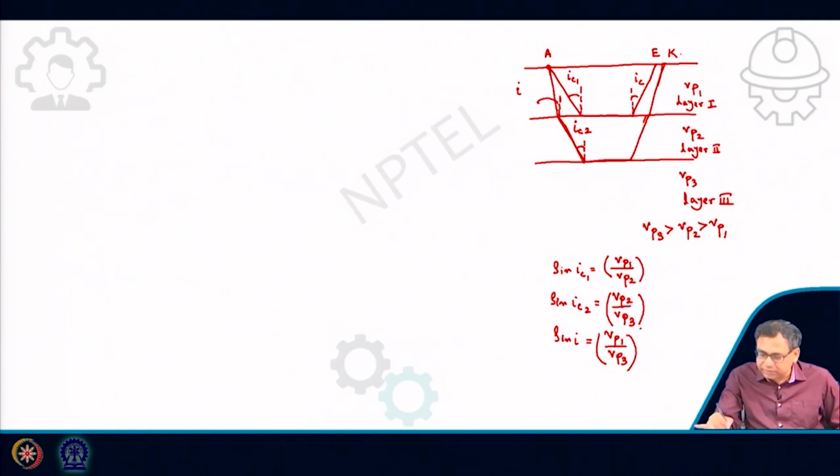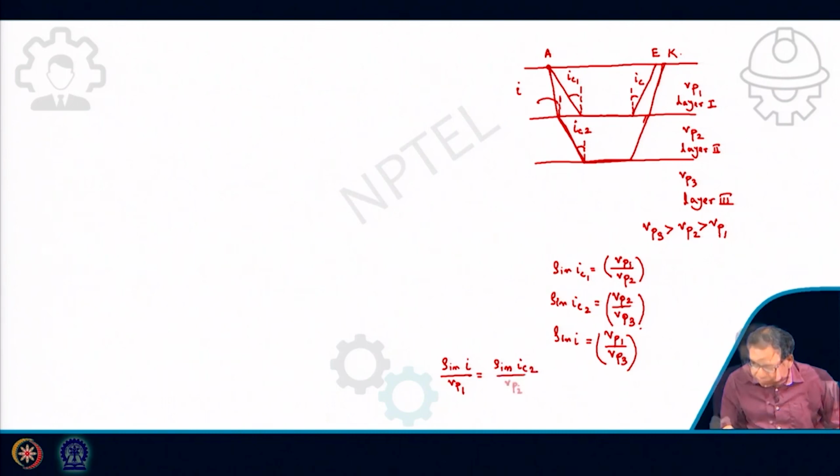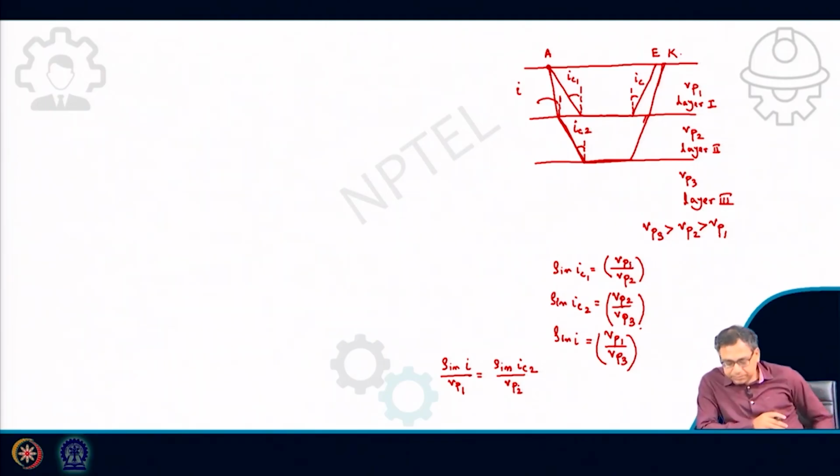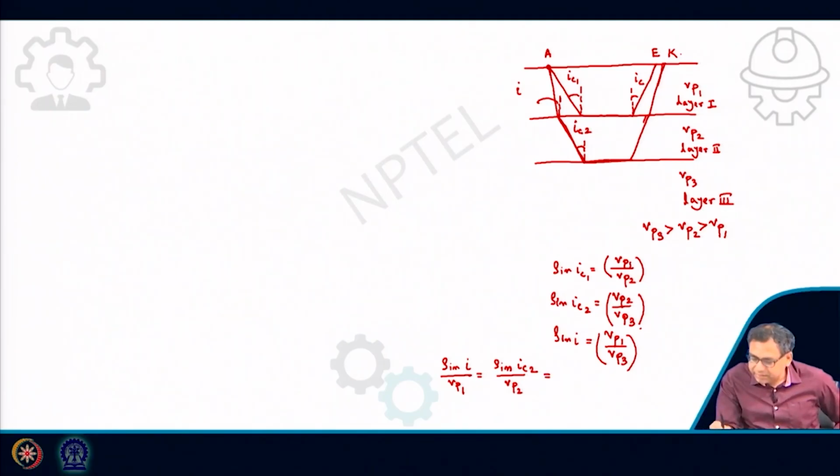Because I know for this case, sin I divided by VP1 will be equal to sin IC2 divided by VP2, and that will be equal to sin 90 degree divided by VP3.